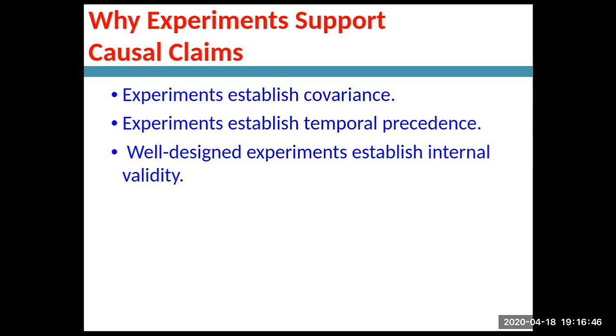But in a correlation, we had just pointed out that temporal precedence is not a thing, because if you are looking at a crazy cat person and you measure the number of cats the person owns, or you measure how crazy the person is by some sort of scale, it does not matter which one you do first. You can measure the number of cats first, or you can measure their sanity on some sort of standardized test, and it doesn't matter which one you do first, because the relationship could go either way.